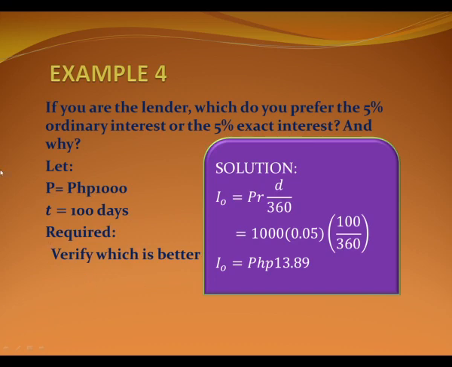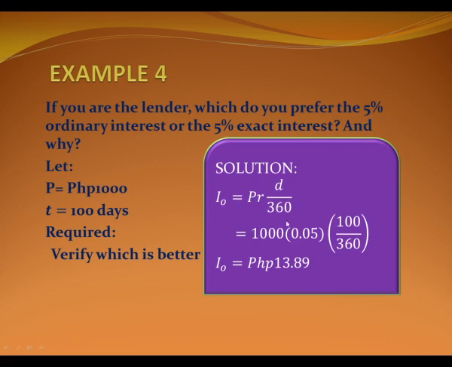Now, you are the lender here, so meaning to say we have to consider the higher interest. So if we consider the ordinary interest, then the divisor will be 360. So substituting the assumed values, the principal is 1,000.